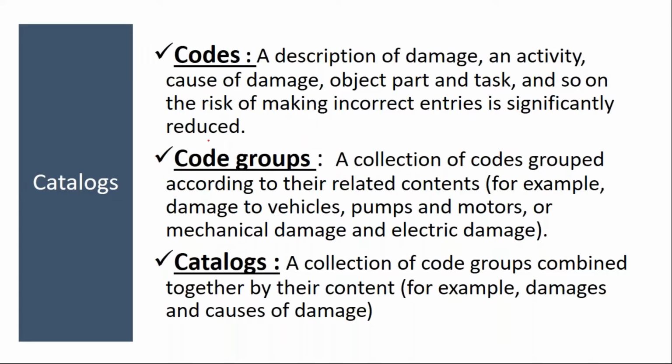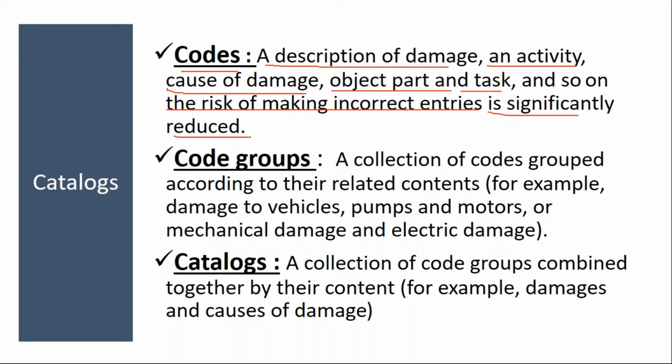So basically, we'll understand first what a code is. A code is nothing but a description of a damage, an activity, a cause of damage, an object part, a machine part, or a task you are going to do. If you use the codes, the risk of making incorrect entries is significantly reduced.